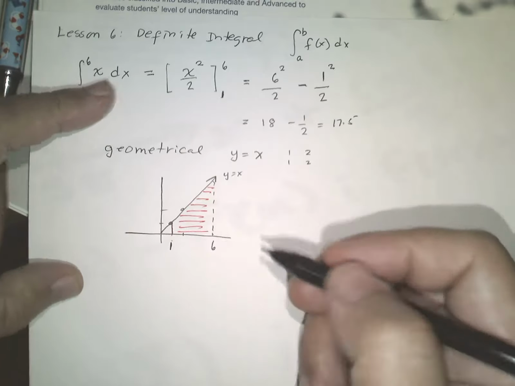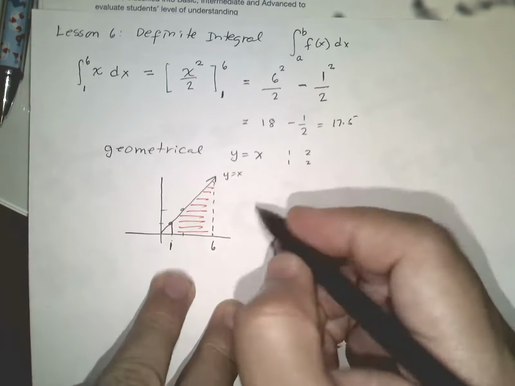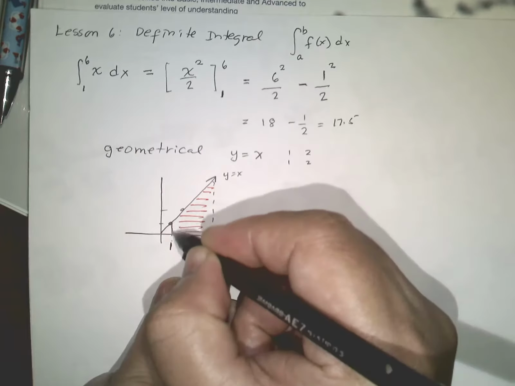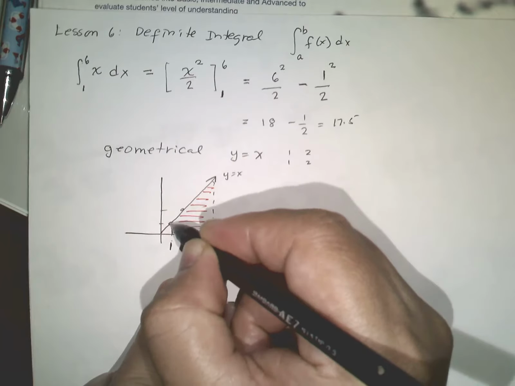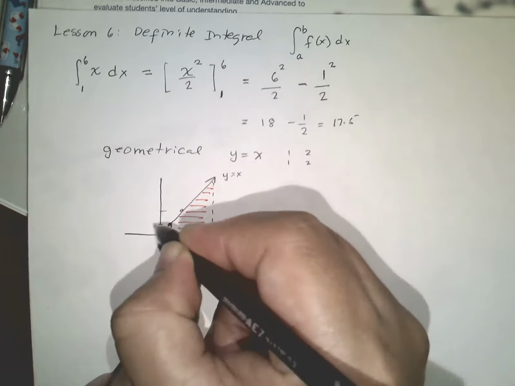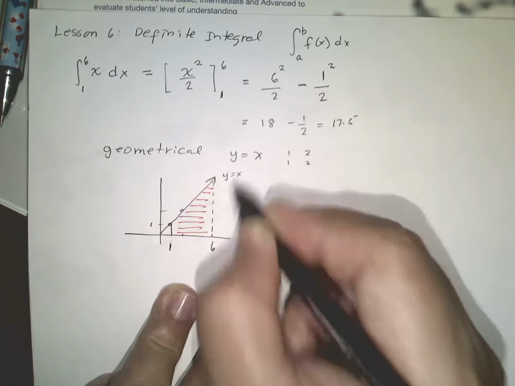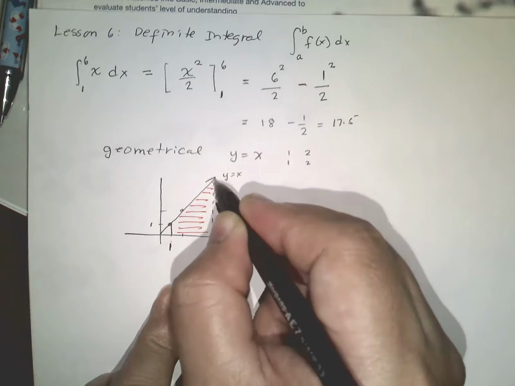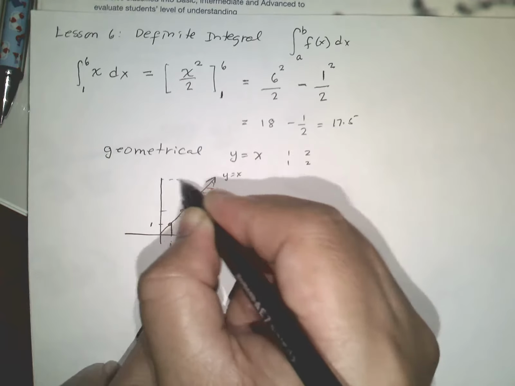What's our formula for the trapezium? We know if x is 1, y is 1 because y equals x. If that is 6, this one is also 6.